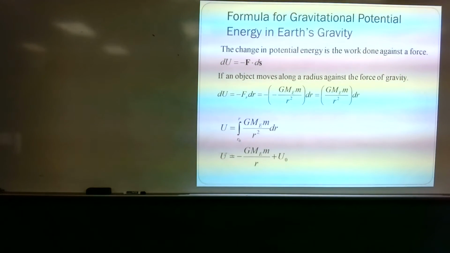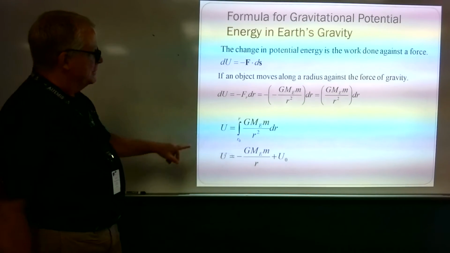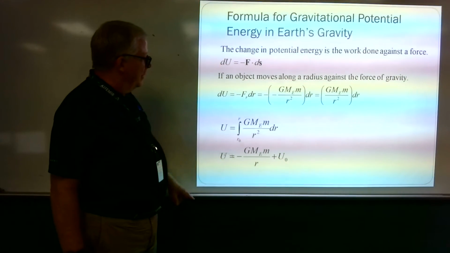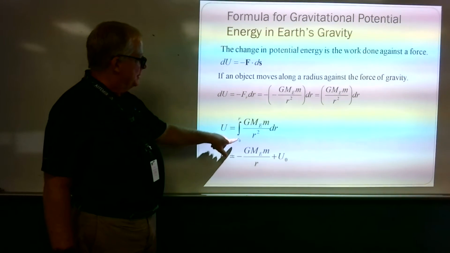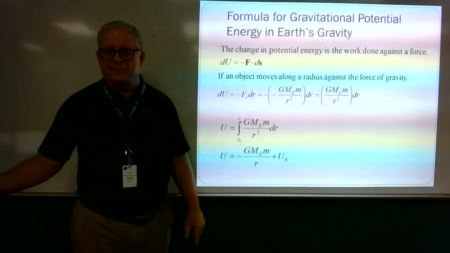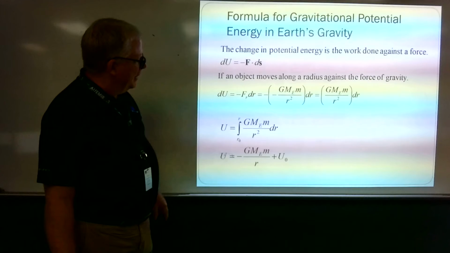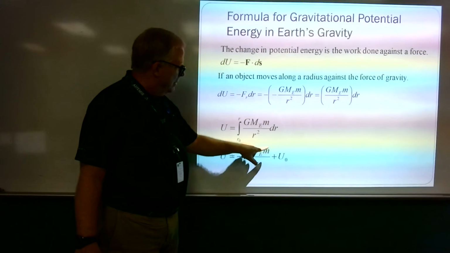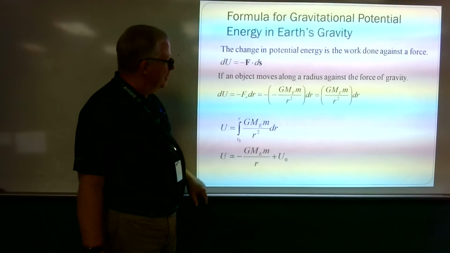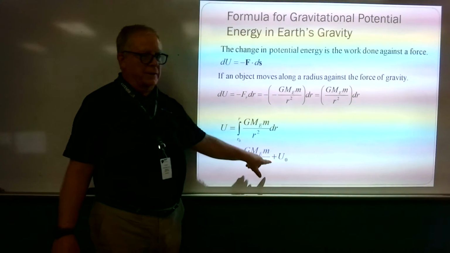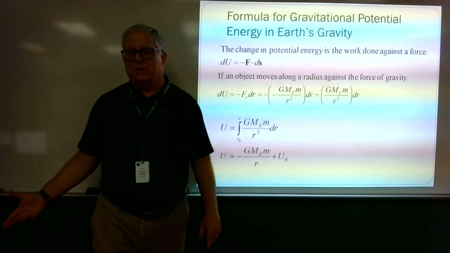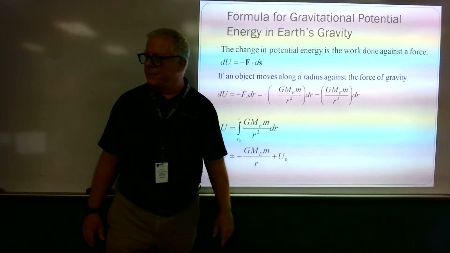And so if you integrate 1 over r squared, you get a negative 1 over r. We're just going to integrate it from some initial position to some final position r. And so this is going to be a minus G times Me m over r, plus some initial potential energy depending on where we start.